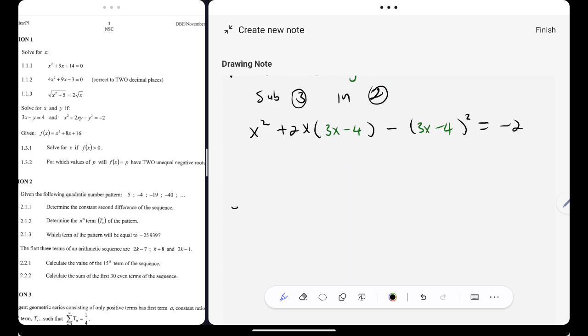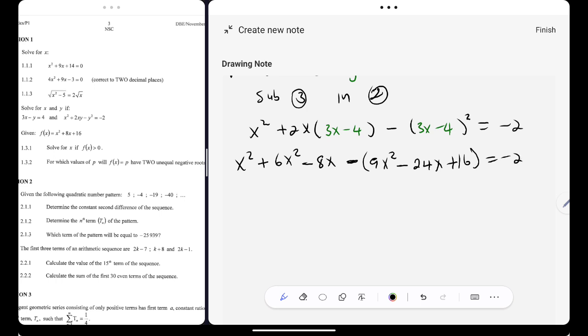Okay, and then I'll have x squared plus 2x times 3x is 6x squared, and then I'll have a negative 8x, and then I'll have 9x squared minus 24x plus 16 is equal to negative 2.